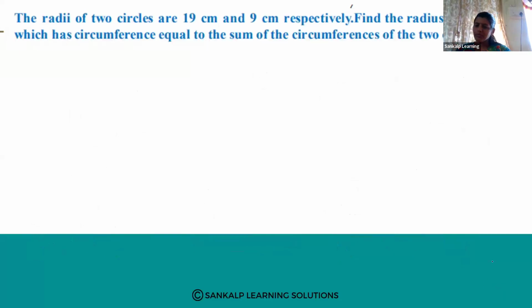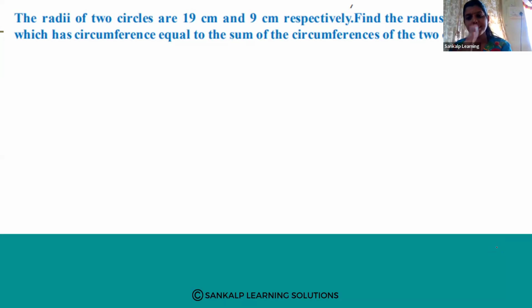So next question. The radii of two circles. Again, it is the same question. See, the radii of the two circles are 19 centimeter and 9 centimeter respectively. Find the radius of the circle which has circumference equal to the sum of circumference of two circles. So in the last problem, we did areas equal.